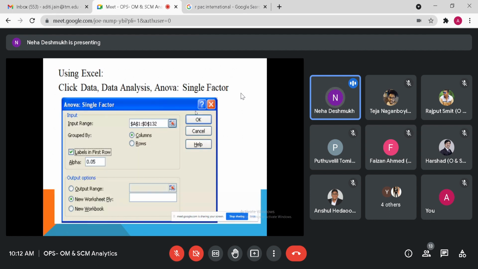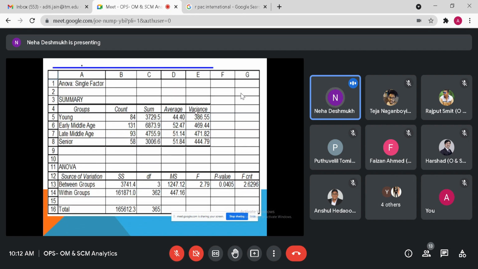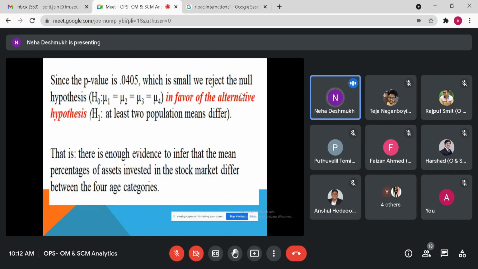Now, we can apply the same theory on Excel also. When you apply this, you will get the p-value. Listen carefully. You will get a p-value of 0.405. Now compare. Every time, by default, we use alpha as 5%. 5% means 0.05, right?